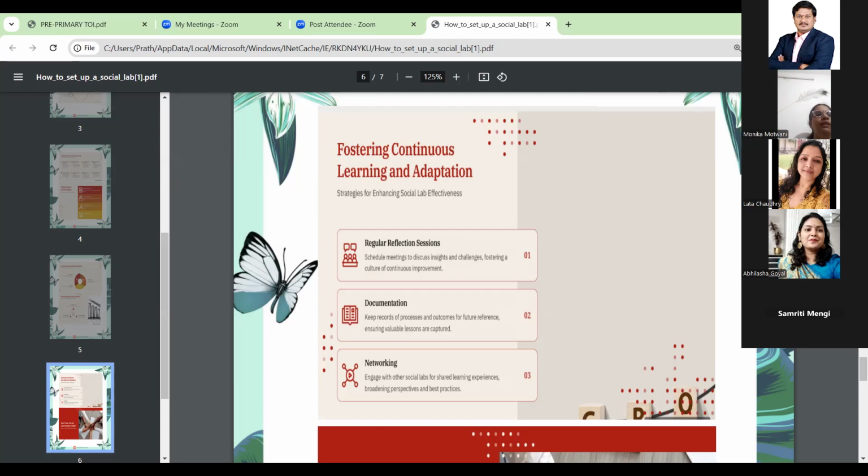Then next is documentation. Documentation is to keep records of the processes and outcomes for future reference, ensuring valuable lessons are captured. Documentation refers to written material that explains or instructs regarding a process or a system that we have studied.